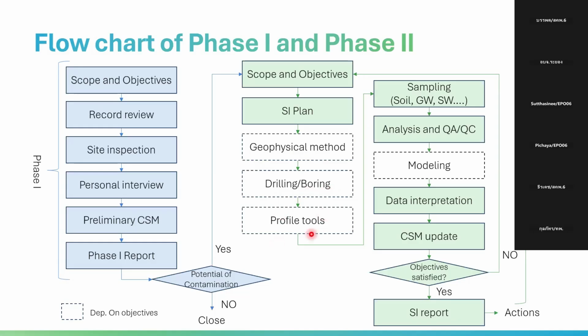And you can use the MIP and the soil sampling, groundwater sampling to confirm the distribution of the contaminations. So it is important to select the tools you use in doing your site investigation plan.